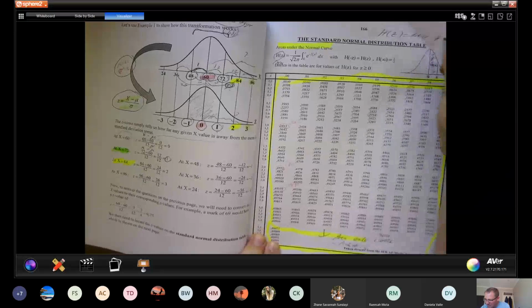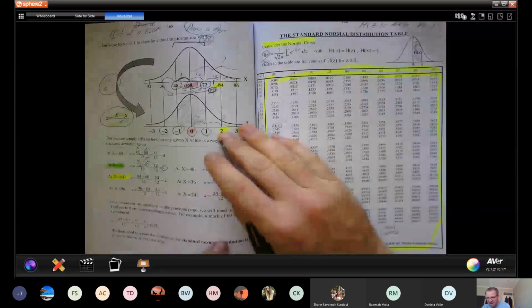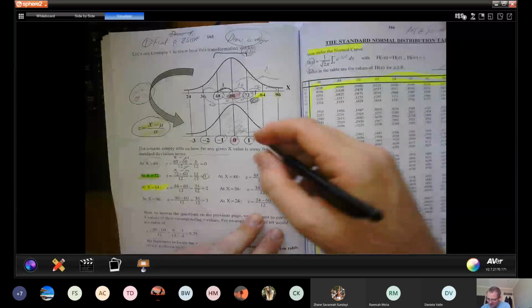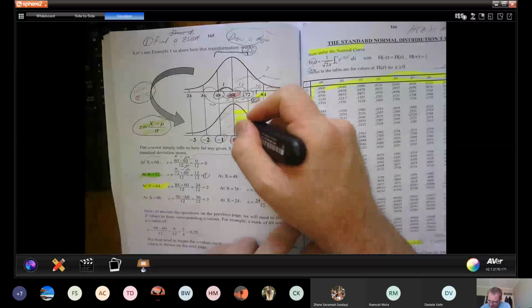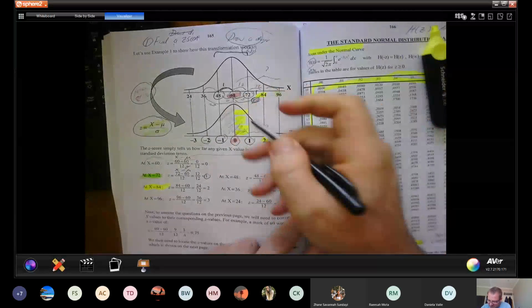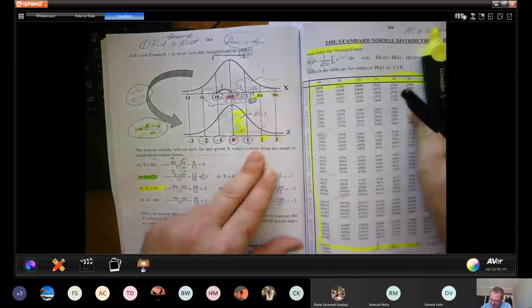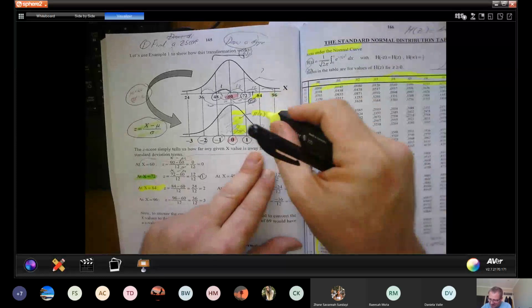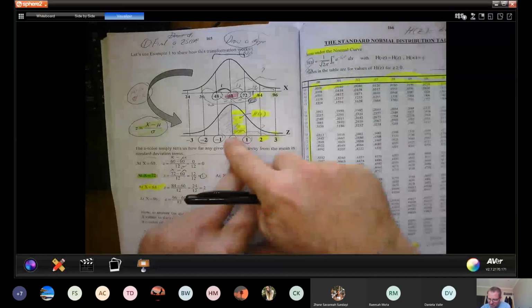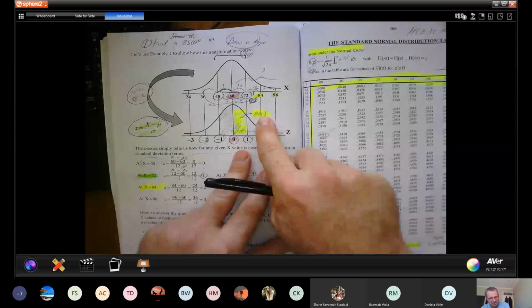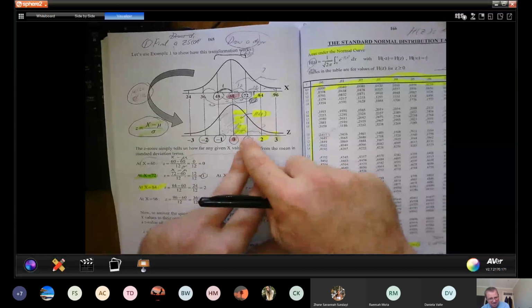So H of 1, this area over here in yellow, we could refer to as H of 1. What does that mean? It means this is the area between Z equal to 0 and Z equal to 1. In other words, it's the probability.